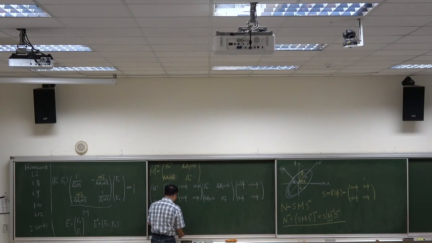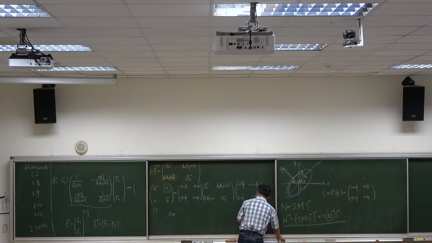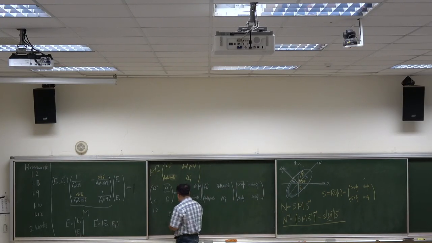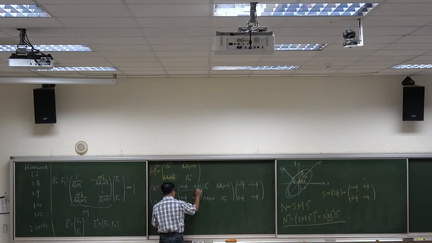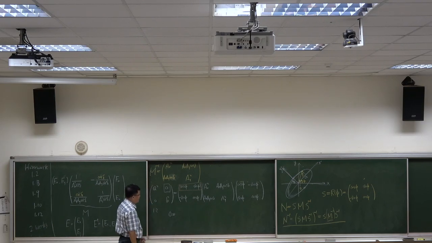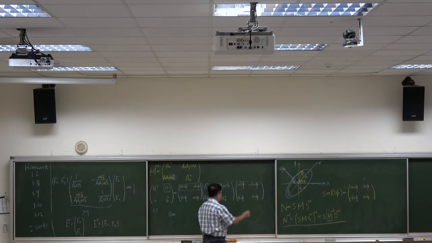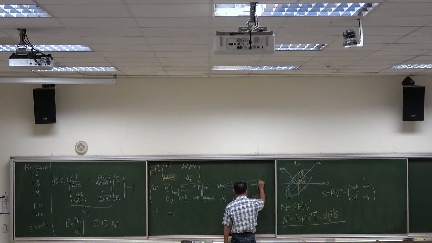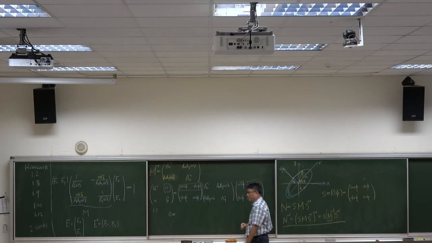So how to get the 1, 2 component? It is obtained by taking the first row and the second column and the matrix in between.